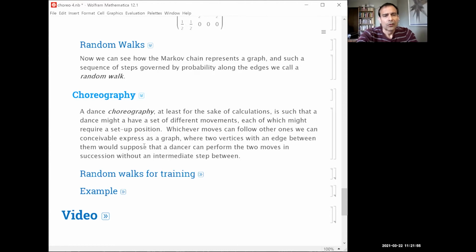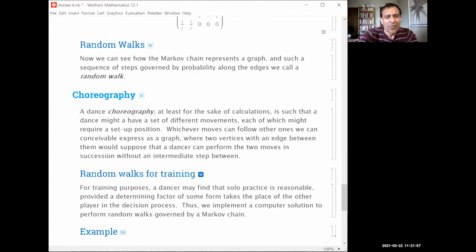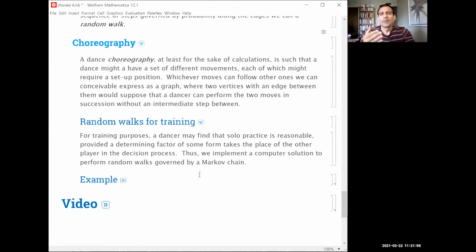For the sake of training, a dancer can go through the motions of different movements without having to know which one's coming next, if you would like to develop some kind of fluency to know which moves connect well to others.